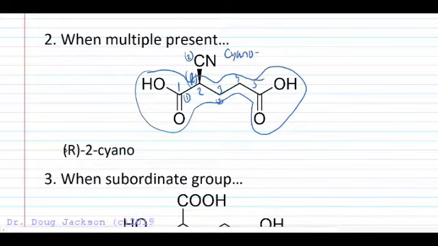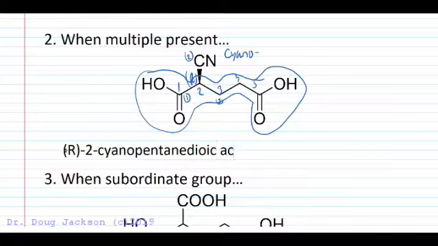And now we have 5 carbons, so pentane with an E to separate the N and D here, dioic acid. So 2-cyanopentanedioic acid. That's how we name carboxylic acids with more than one carboxylic acid, one at the end of each chain, as a dioic acid with the number of carbons in the parent chain written out with the E.